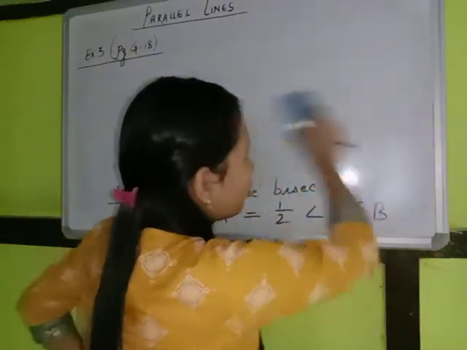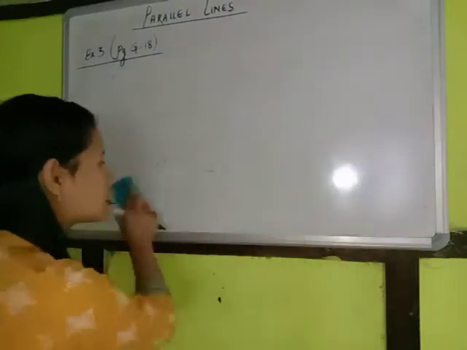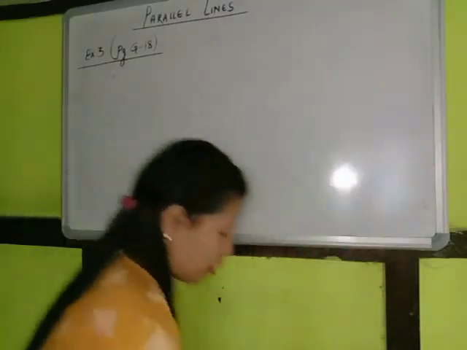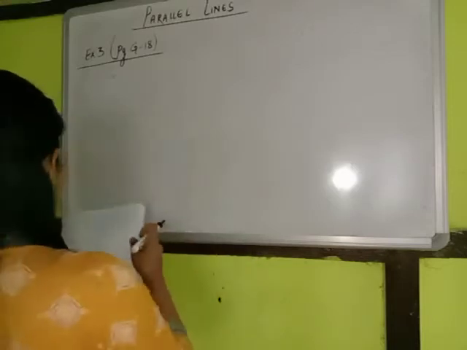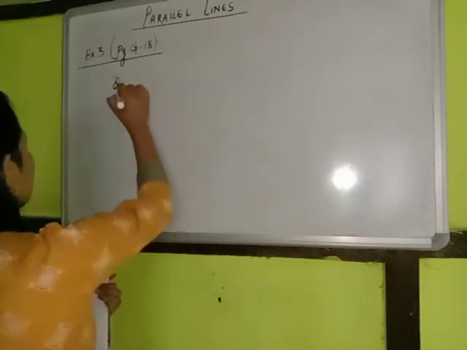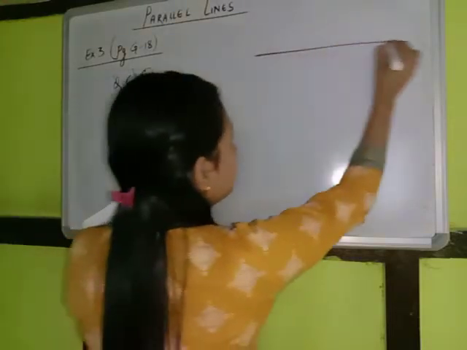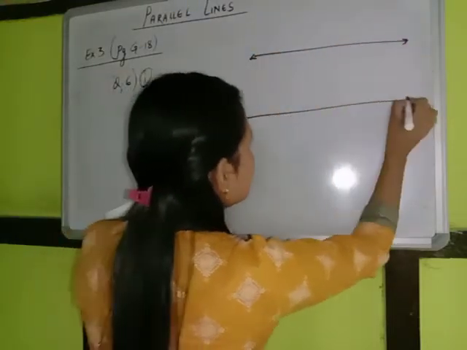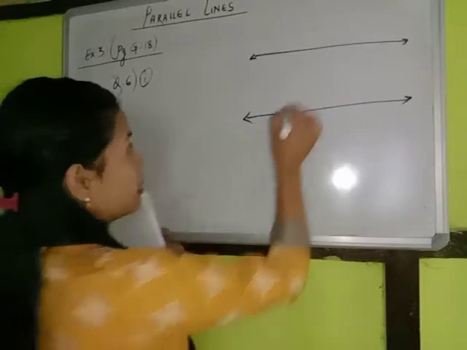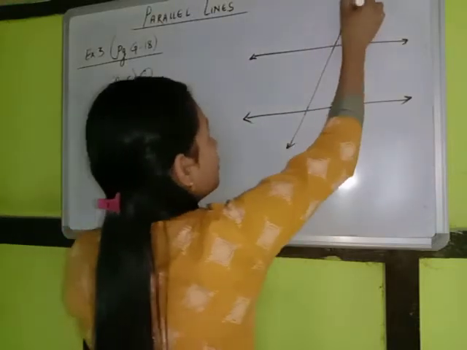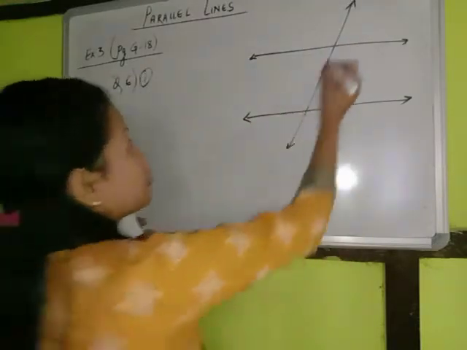Now I'll be doing question number 6, part 1. So we have a figure. There are two parallel lines cut by a transversal, and the measurements are given.